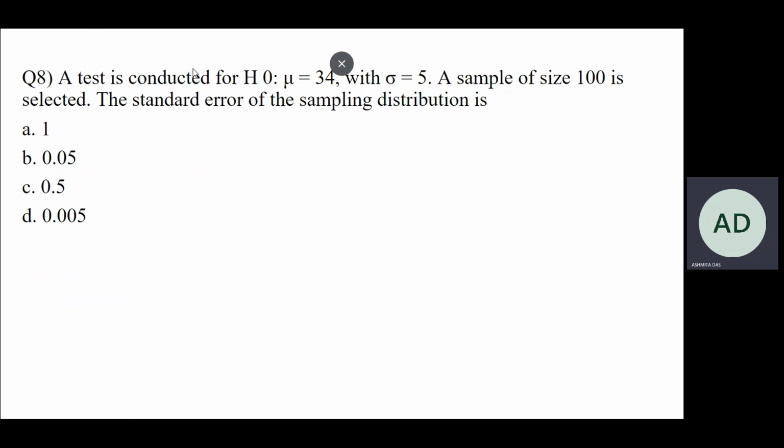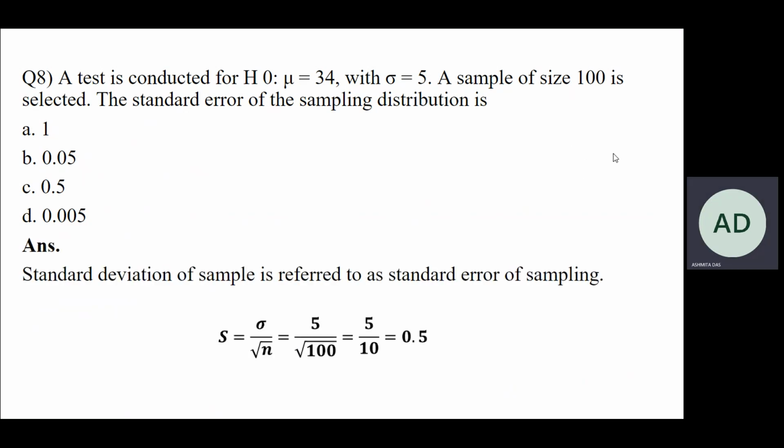So sigma is 5 and n is the sample size, that is 100. So 5 divided by root over 100, so 5 divided by 10, which comes as 0.5.